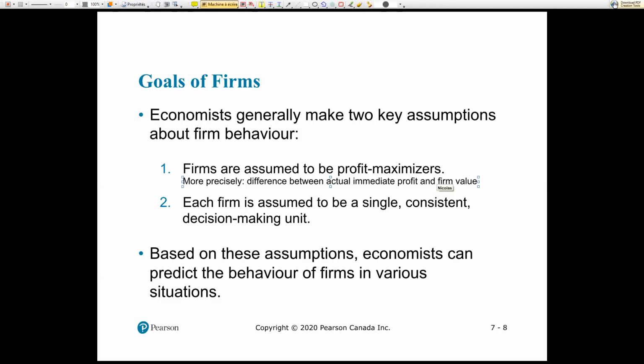Because it's a promise of future profit. If I own something that I know will be super profitable in 10 years, then if I sell it to somebody else, that person is willing to give me a lot of money because they know that if they keep it, eventually they're going to be rich with it.